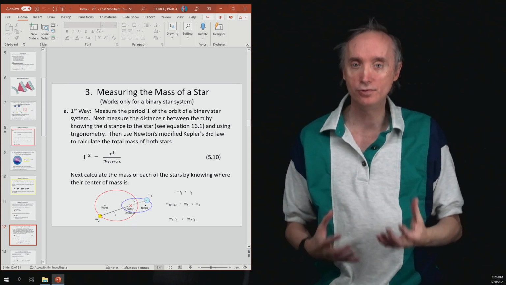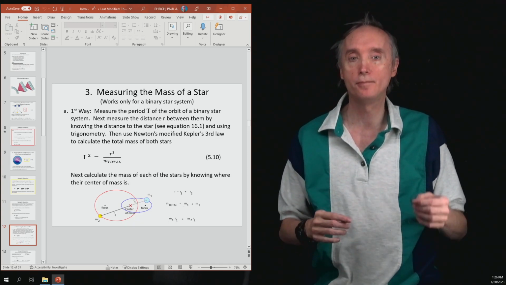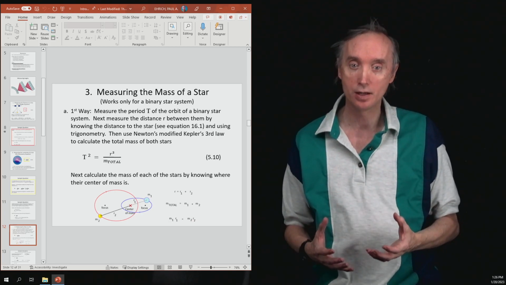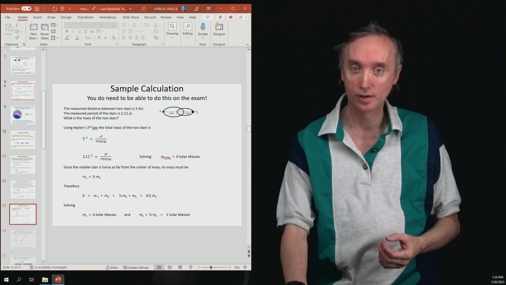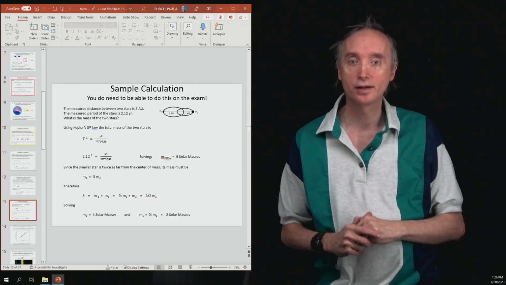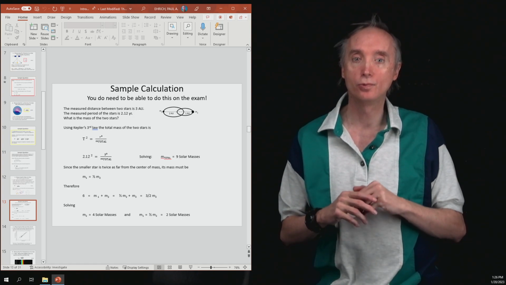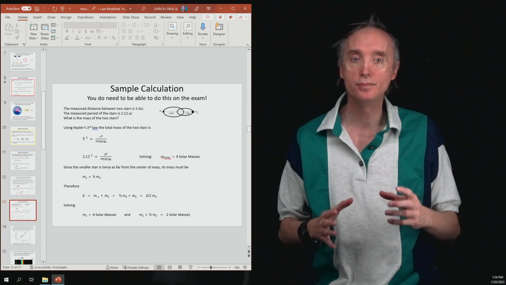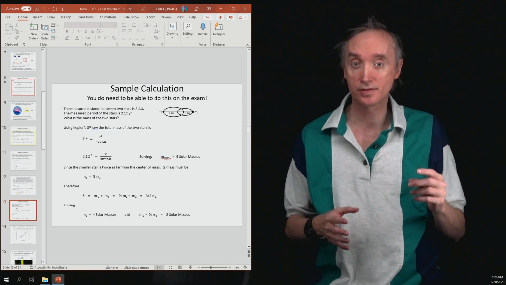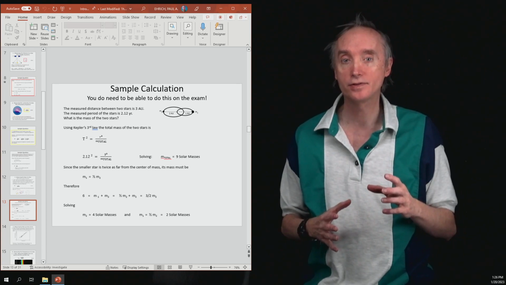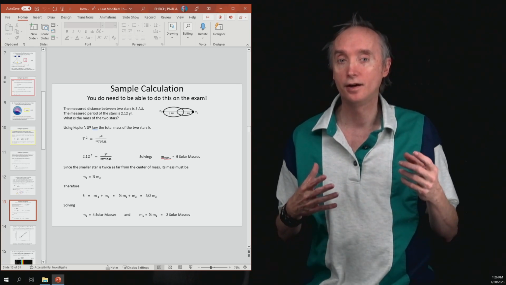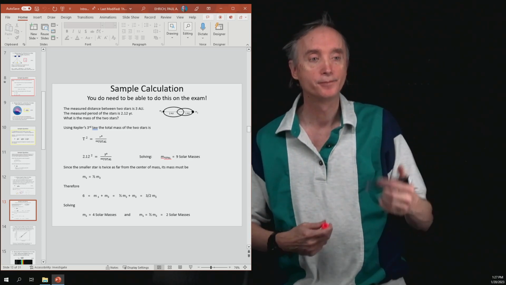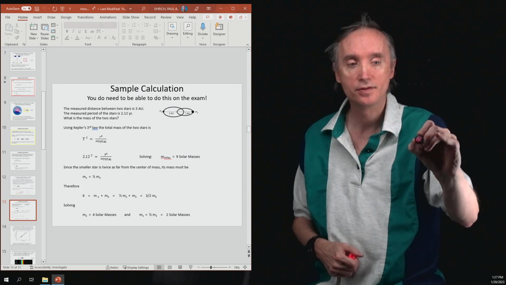Now, how could we use this in order to figure out the mass of a star? That's our ultimate goal, to figure out M, the mass. So here's a sample calculation. We're assuming that we're able to measure the distances to the center of mass by using geometry and trigonometry. So, for example, let's say that here is Earth.